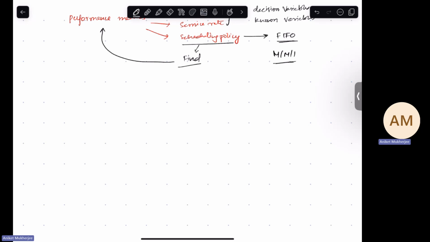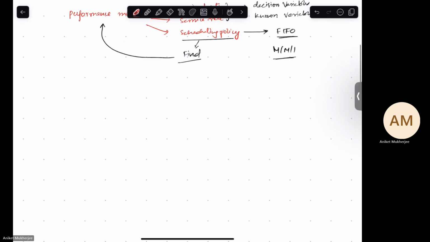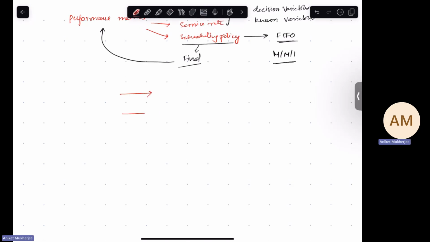The basic design would be: you have two input flows with two different queues, but a single server, or a single channel, which can serve one of the queues at a time. So you switch between the queues at each time instance.